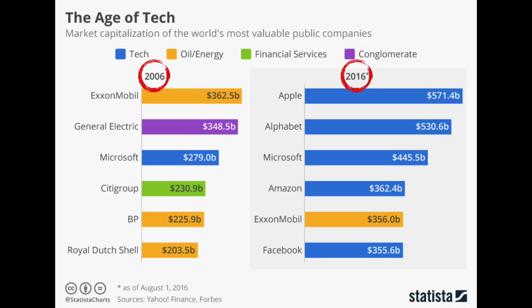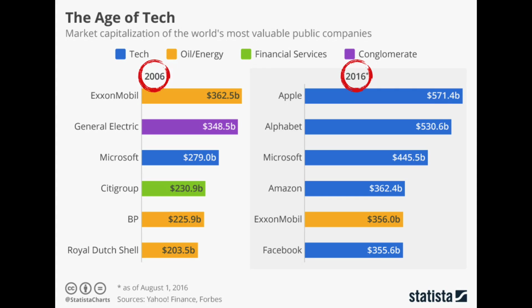Now if we look at the Statista diagrams, which is quite a good firm to look at when you're interested in visualization of data, we see that here also profound changes have taken place between 2006 and 2016. In 2006 we see at least three big oil companies: ExxonMobil, British Petroleum, Royal Dutch Shell.